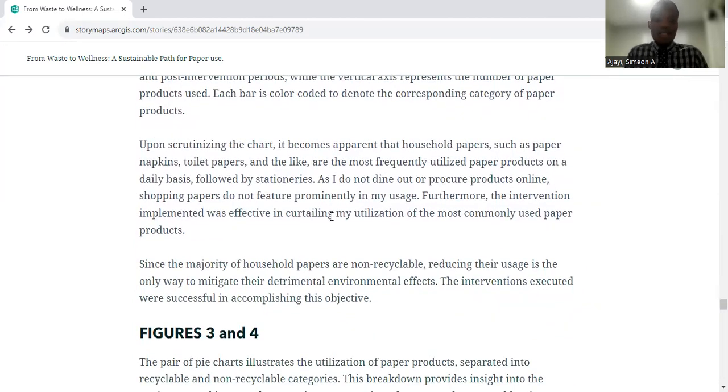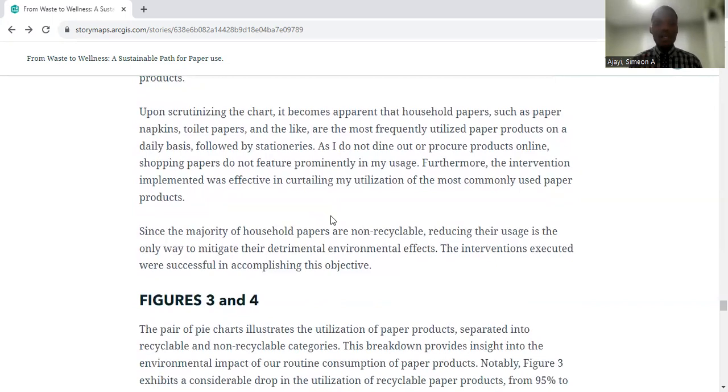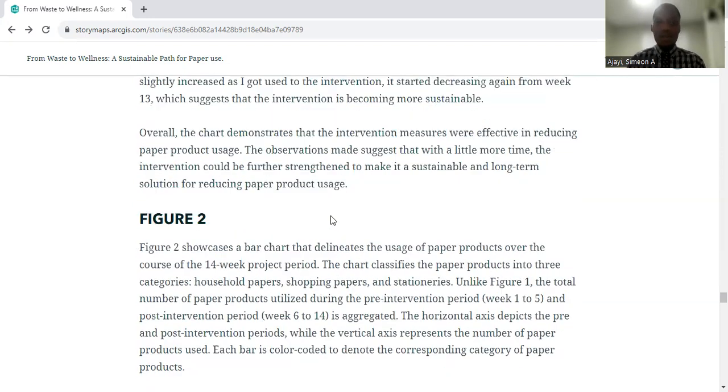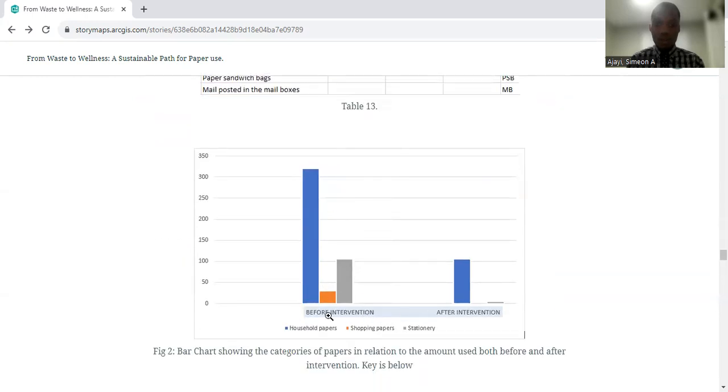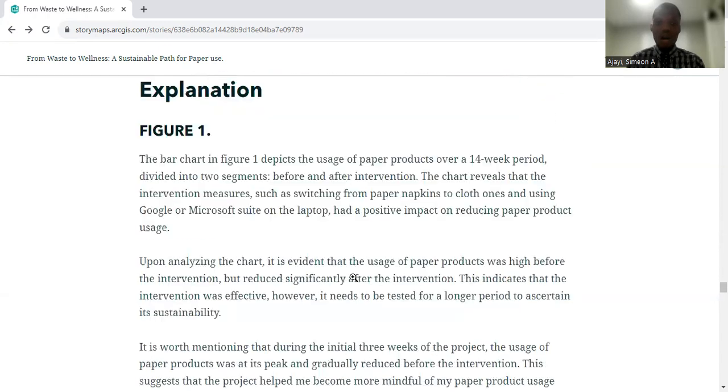Upon scrutinizing and analyzing this chart, it becomes apparent that household papers such as paper napkins, toilet papers, and the likes are the most frequently utilized paper products on a daily basis, followed by stationery. As I do not dine out or procure products online, shopping products do not feature prominently in my usage, as shown from here. So shopping products were not really as much as these other two.